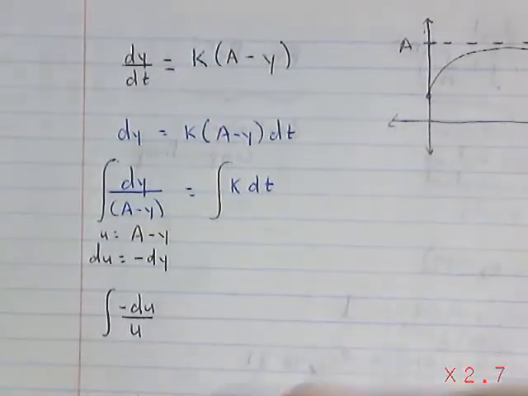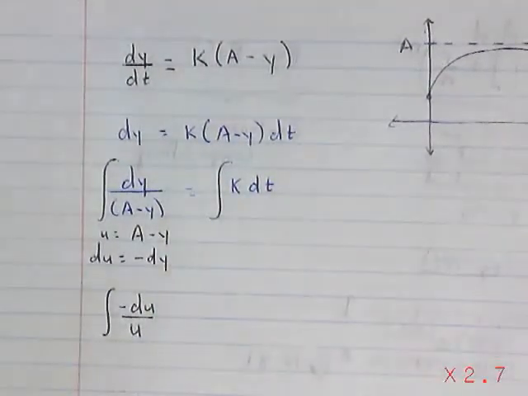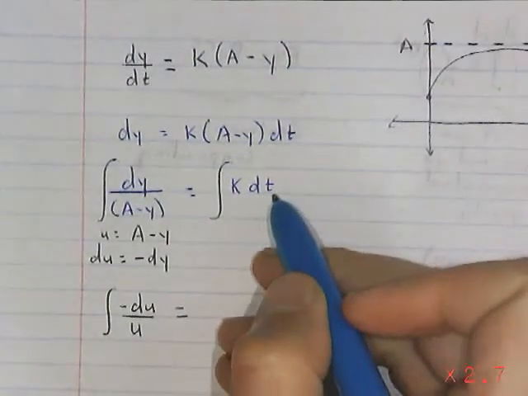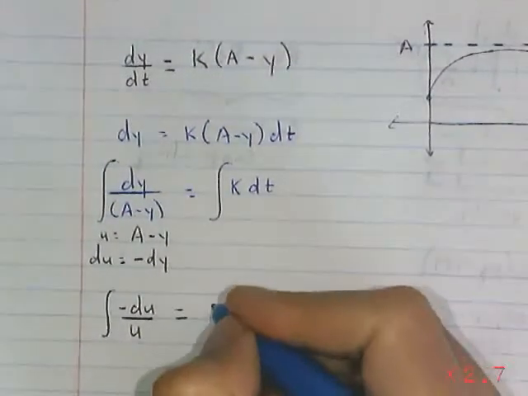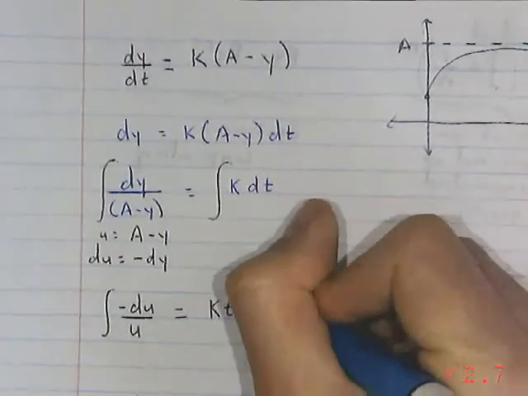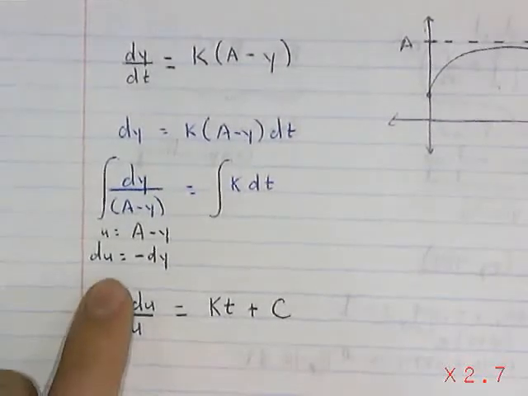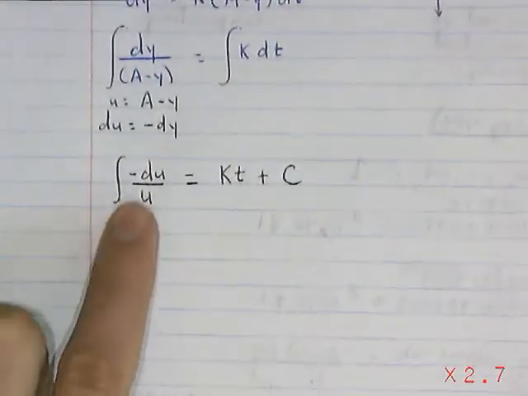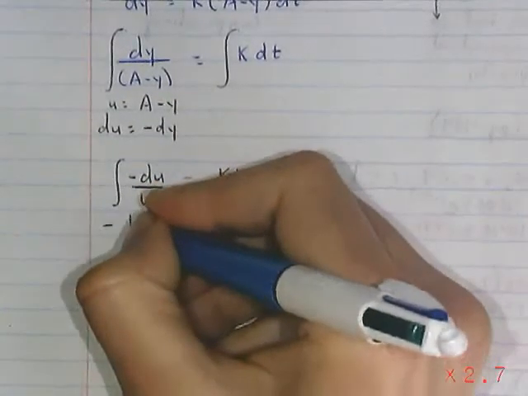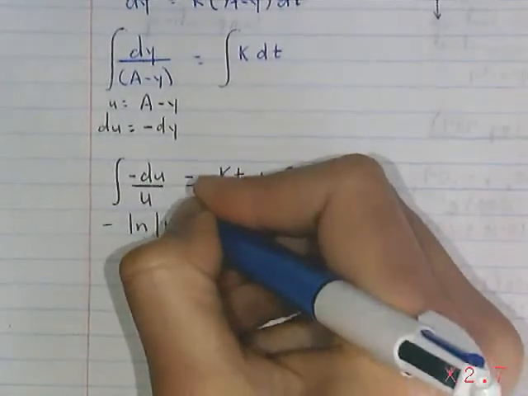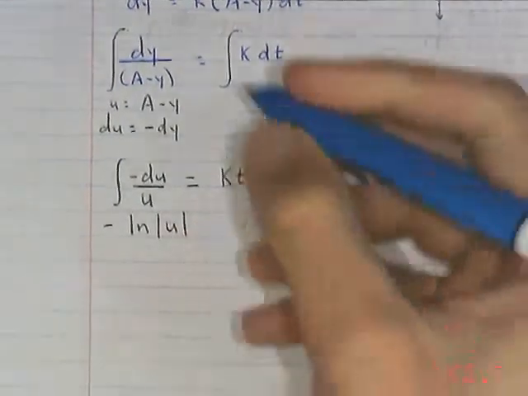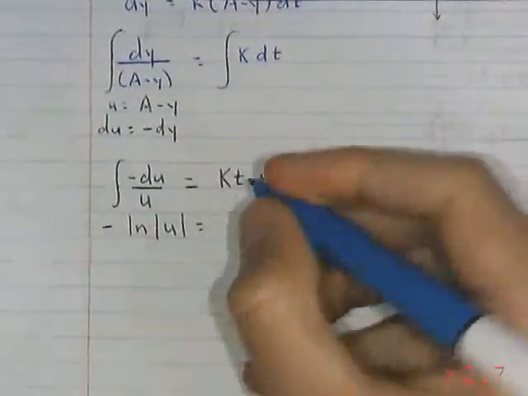On the right side, this is a simple enough integration because k is just a constant, so really we're just integrating on dt. And so this turns into k times t plus some arbitrary constant. Over here, we end up with the opposite of the natural log of the absolute value of u. And yes, technically we'd have a plus c over here, but we're just going to absorb it all into this c.